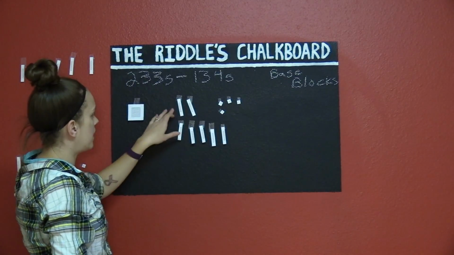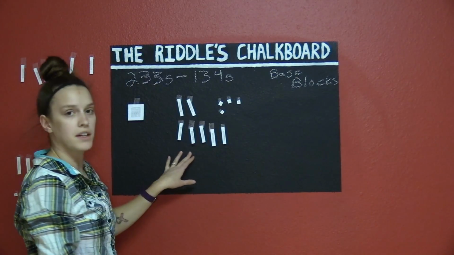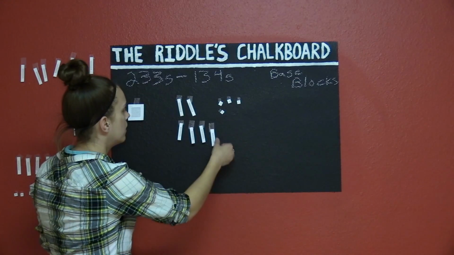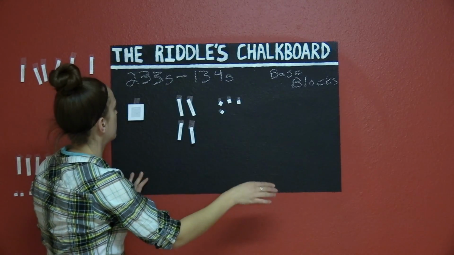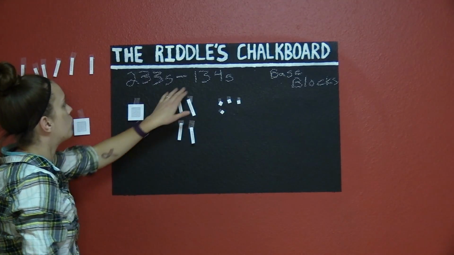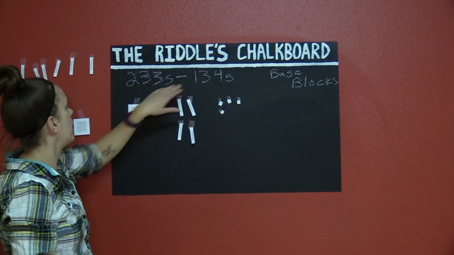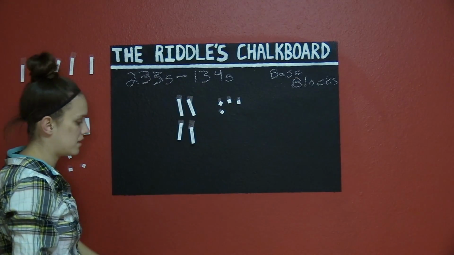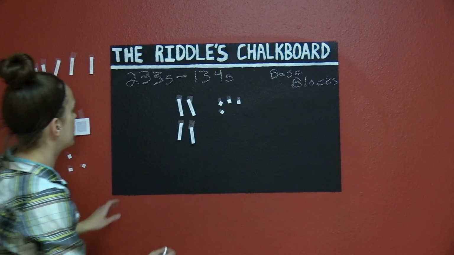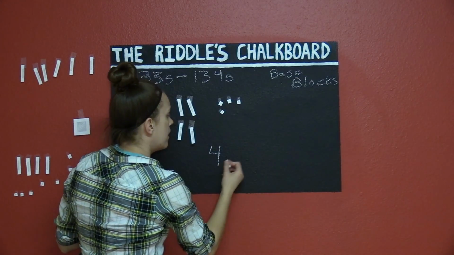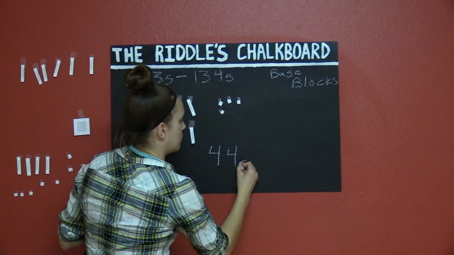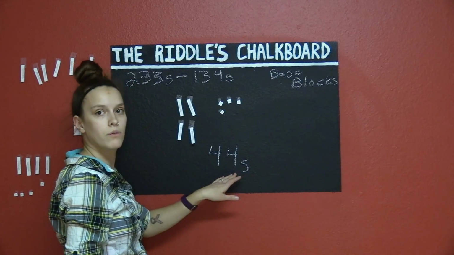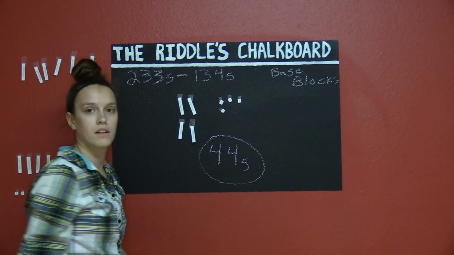Okay, now we can take 3 away because we have enough rods. So we'll take 1, 2, 3. Okay, now we still have to take 1 flat away, so we have 1 flat left, so we can just take it away, and that leaves us with 4 rods and 4 units, and that's in base 5, so the answer is 44 base 5.